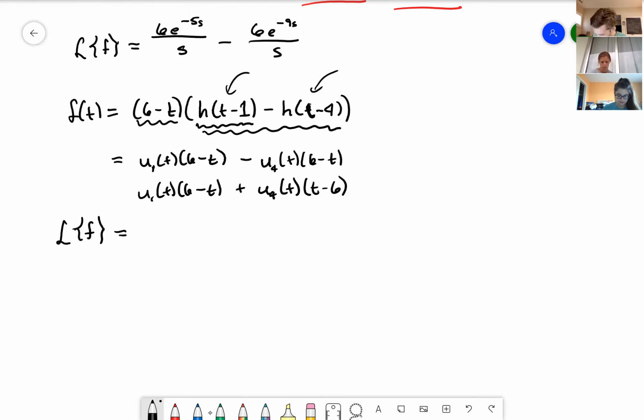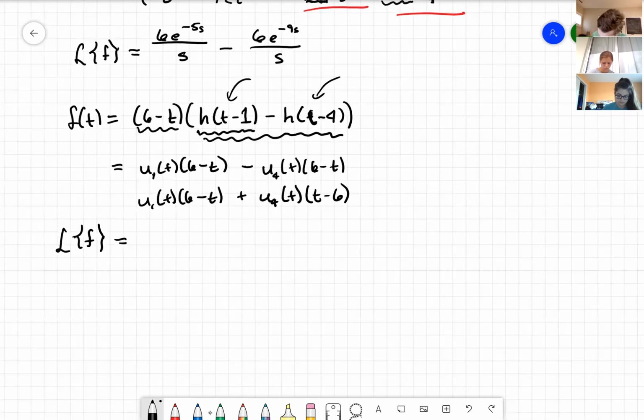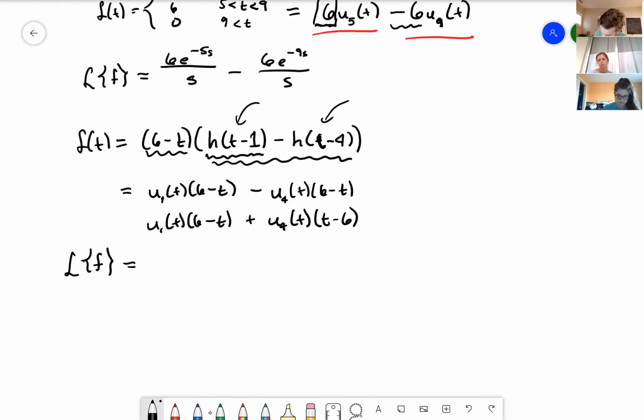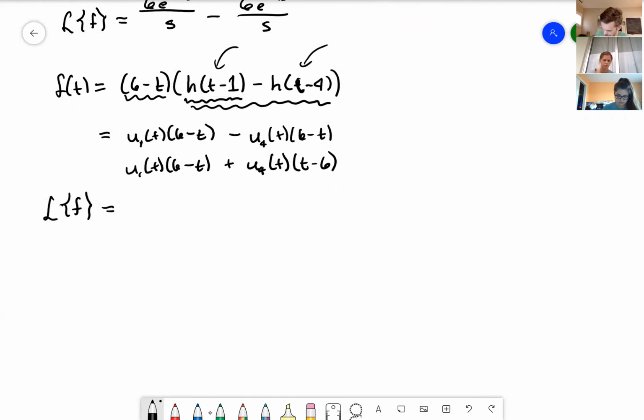Let's put it into a form so it's easy to write. It's the 6 minus t that's being shifted. It goes forward by 1, so we want to write it in terms of t minus 1.